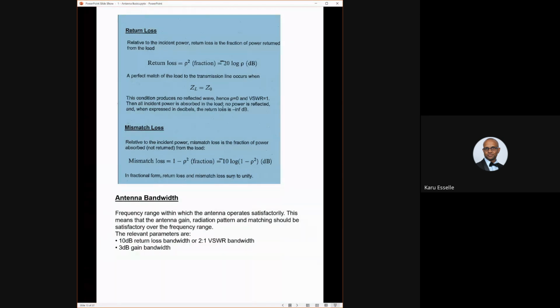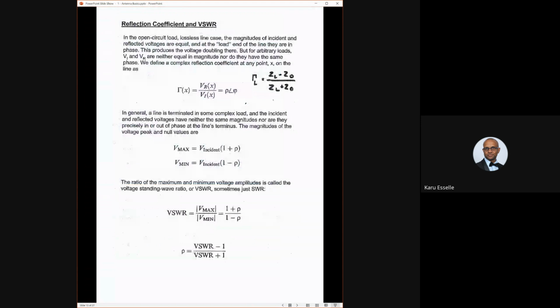But if you write the reflection coefficient magnitude, rho, in dB, like in scattering parameters, then it becomes negative. So when you write, be careful.